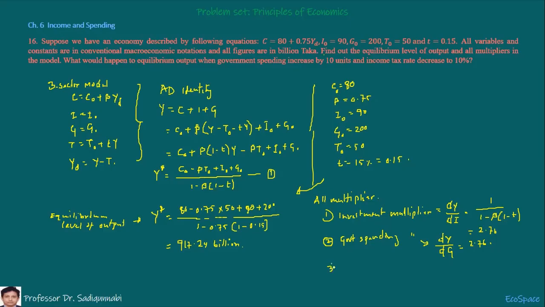Number 3, lump sum tax multiplier. dy dt equals minus beta over 1 minus beta (1 minus t), which is equal to minus 2.07.